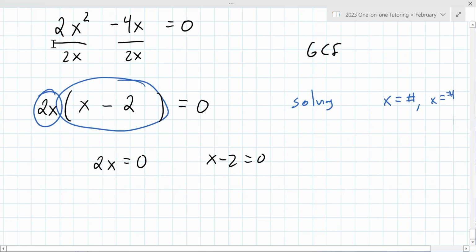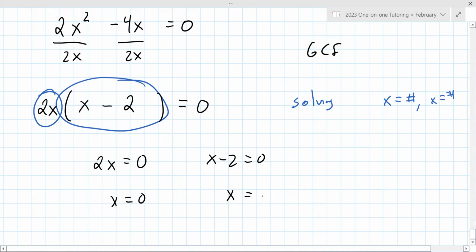And then next you divide by 2. What does that become? 0. x minus 2 equals 0. x equals 0. And then x equals 0 also.